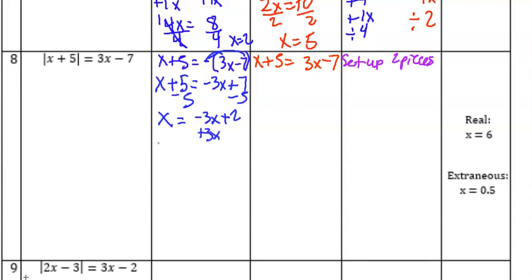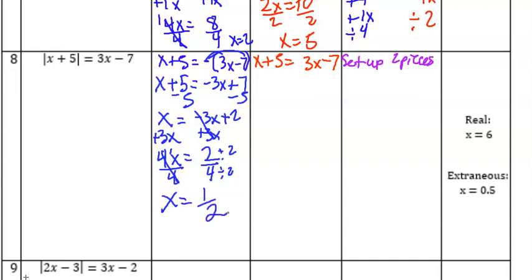Add 3x to each side. A 0x on that side. We have 4x equals 2. Divide each side by 4. This fraction can reduce to 1/2. So x equals 1/2.